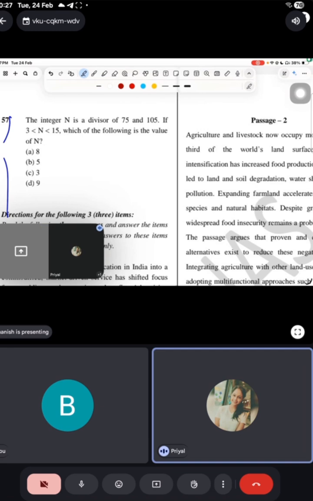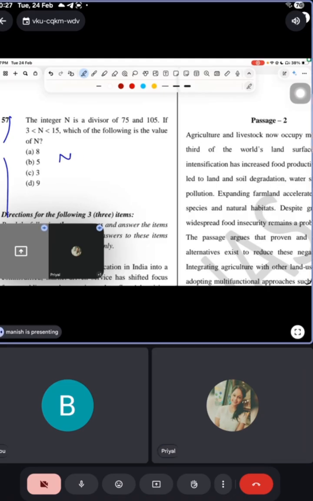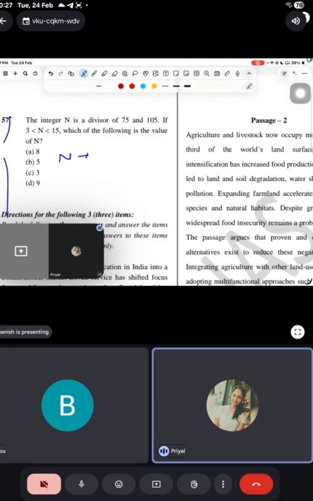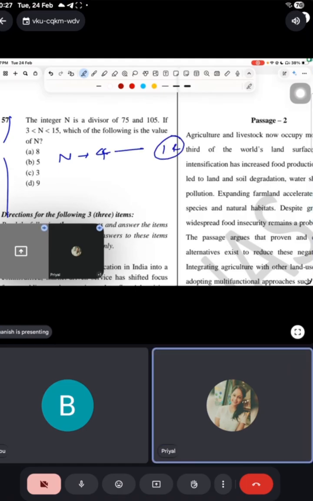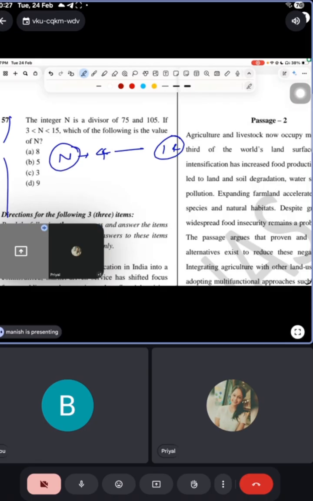And there is a range of n given between 3 and 15. Tell me the range of n, Priyal. It is starting from 4, ending at 14. Now this n is dividing both numbers, 75 and 105. Tell me what is the unit digit of 75? 5 and here 5.